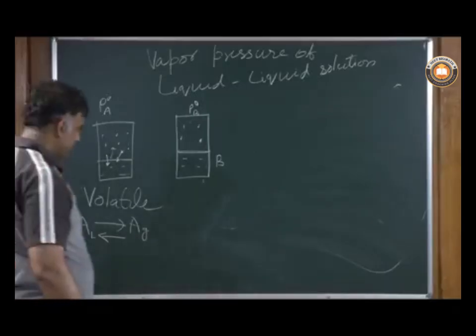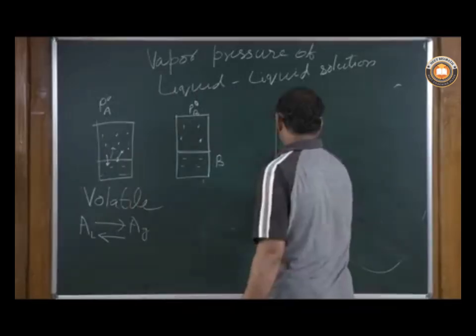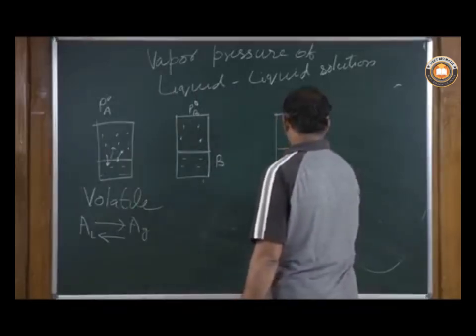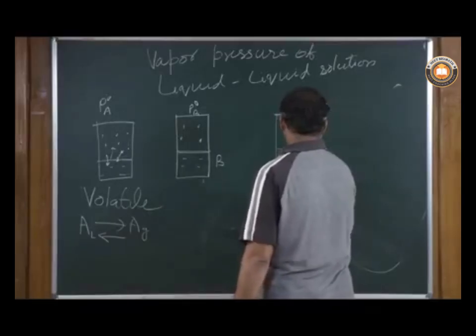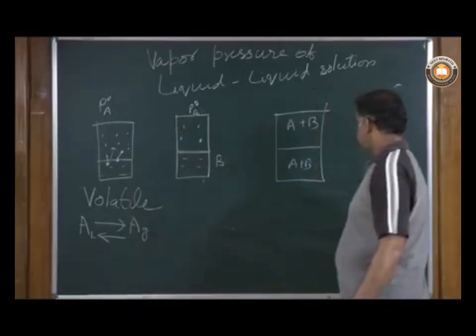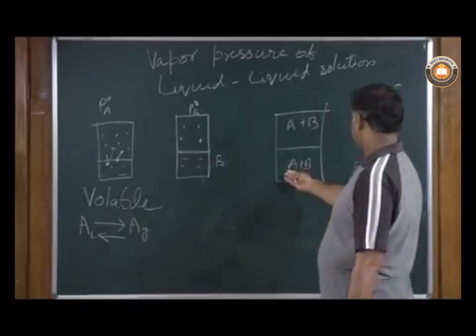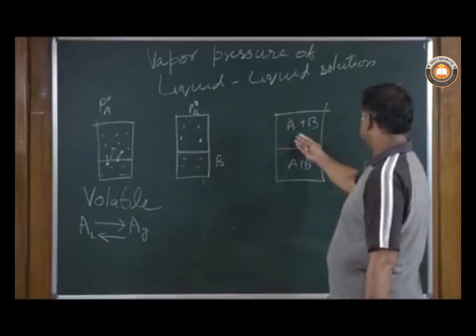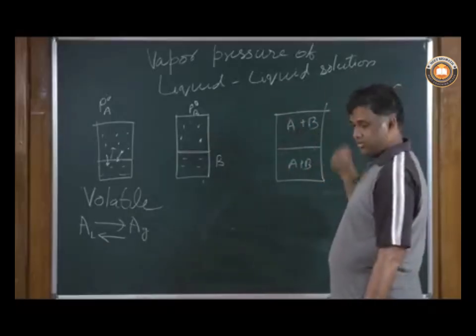Now, let us mix them together. Now, we have A plus B here, and same thing A plus B. We have a solution of A and B in liquid form, and A and B in gaseous form.